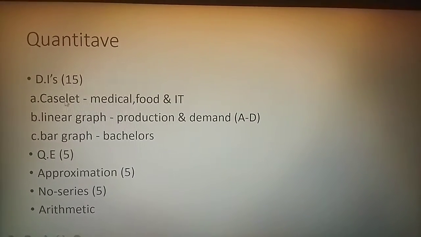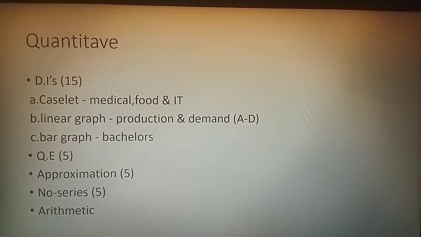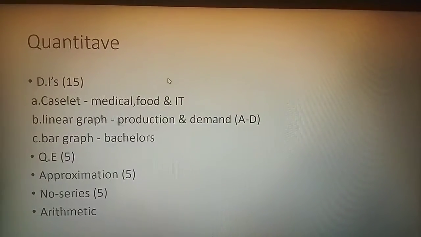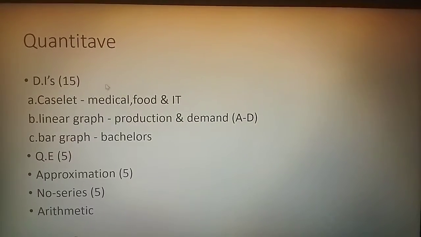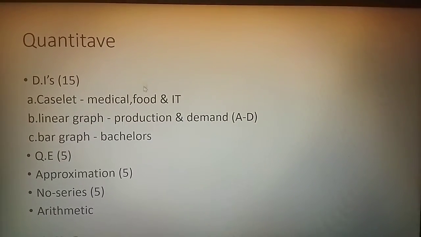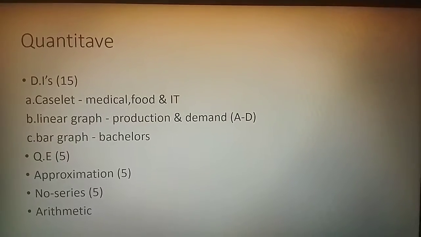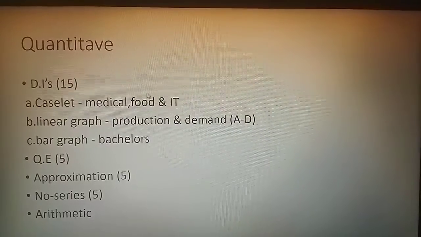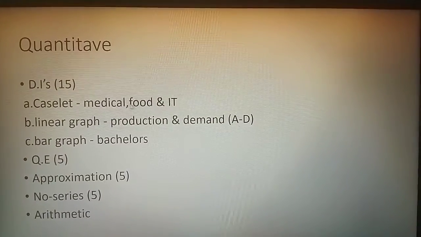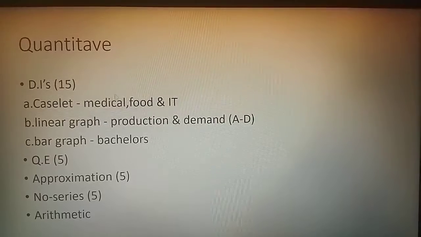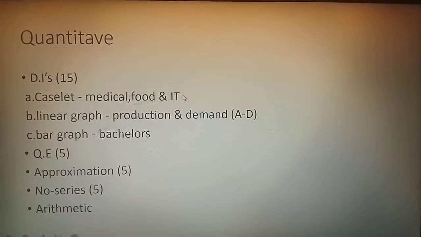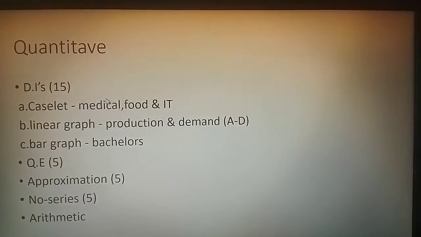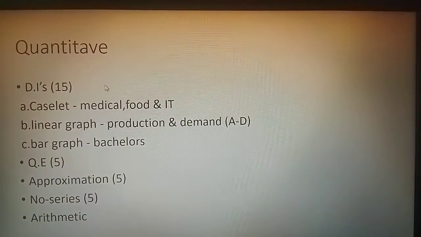One was a caselet. Guys, the caselet was so easy. There was no such twist in the data given. They gave the numbers for medical and food, I think, and said the other 50% is IT. So we need to sum these 2, and that will be equal to IT. We get all 3 datas, and for all of them we need to find the male and female ratios.